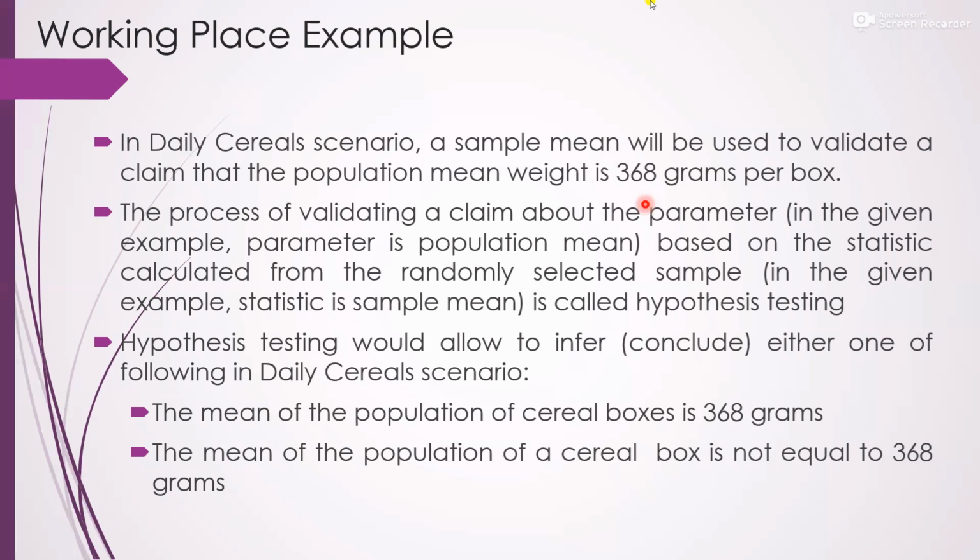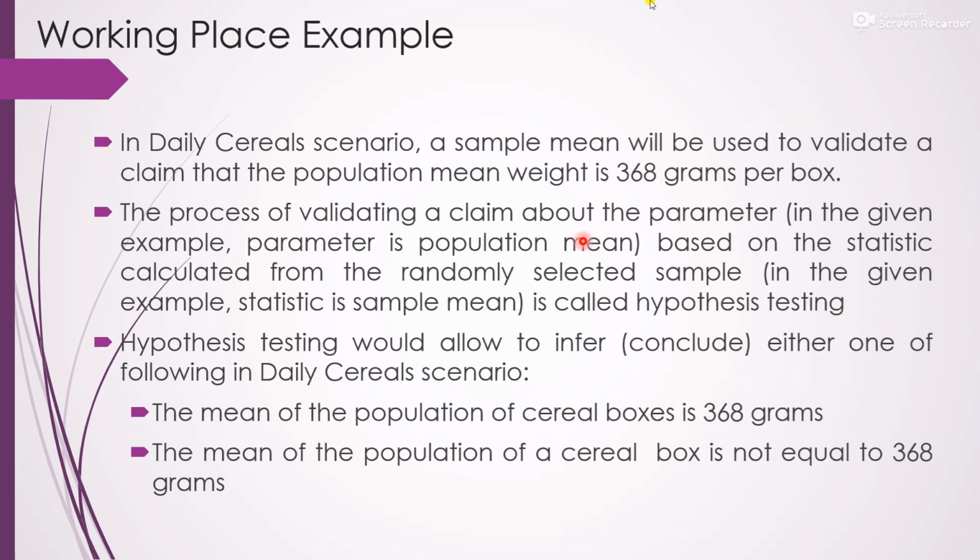So now we have to validate that the population mean weight is 368 using the 25 values of the boxes selected. From those 25 box values, we can calculate the sample mean. By using that sample mean, we can validate this statement, right?